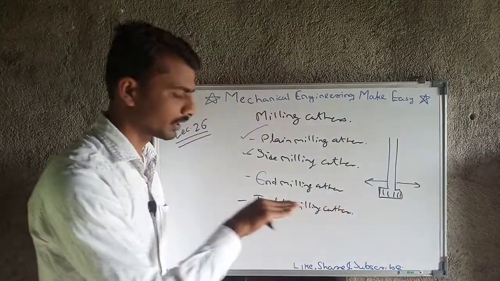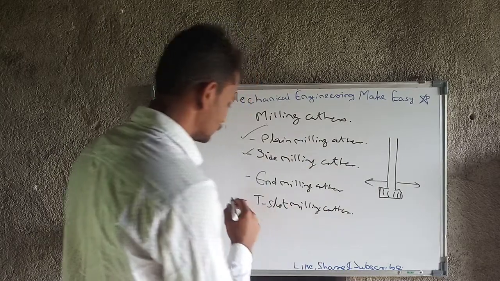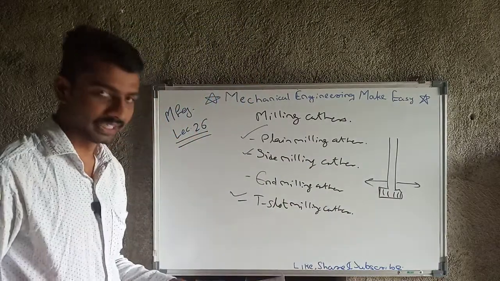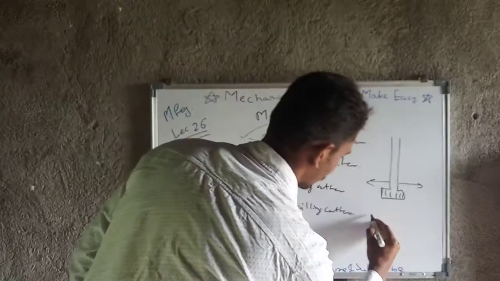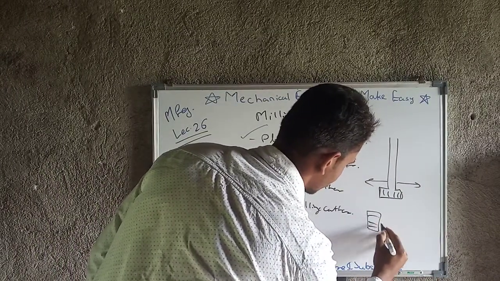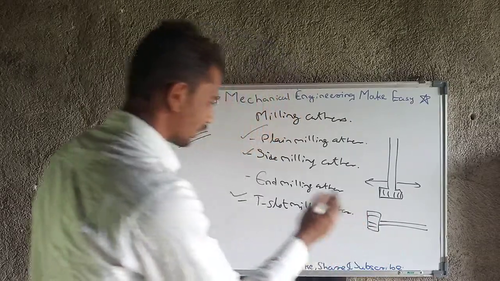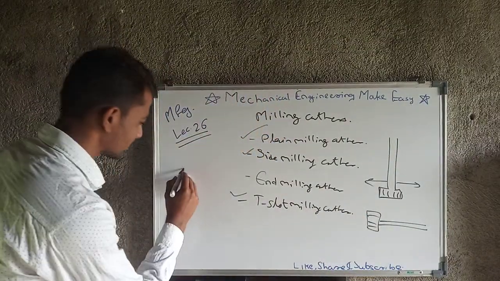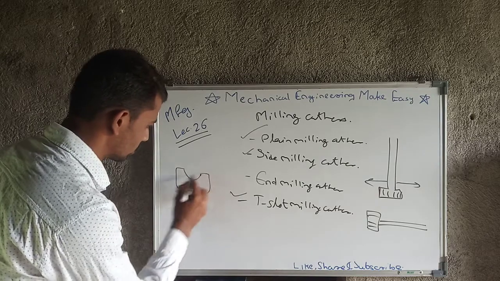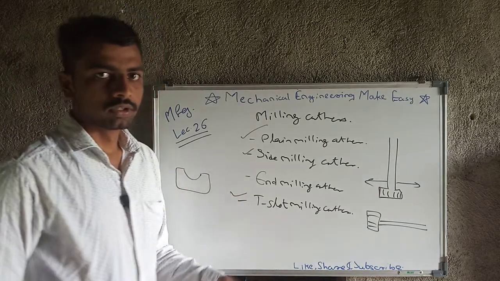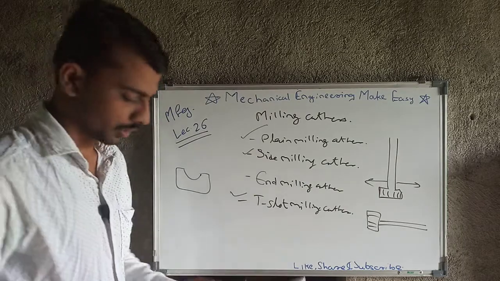So ultimately the T-slot will be created. This is nothing but the T-slot milling cutter. Then Woodruff key slot milling cutter means a very simple kind of cutter, again circumferential. And the Woodruff key slot is shaped likewise, and that slot will be created. That is nothing but the Woodruff type key slot milling cutter.